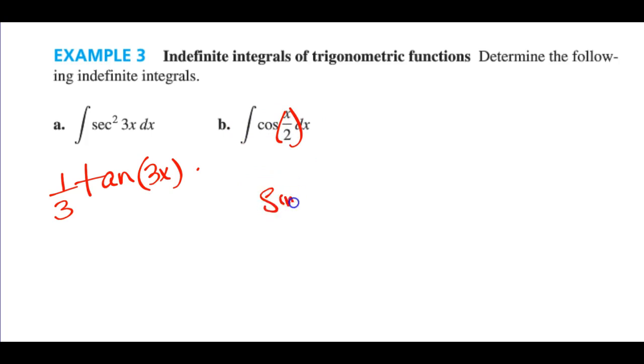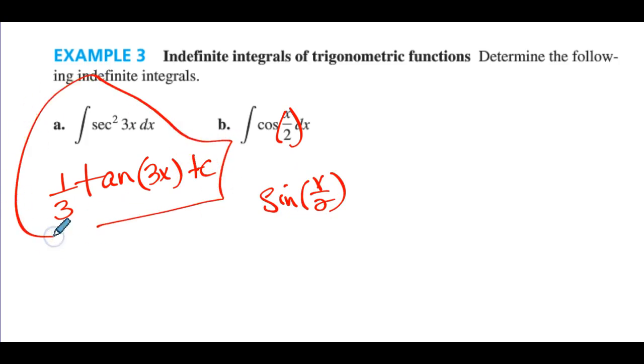Of course, that's sine. There's my u. I should probably say plus c over here because we still have indefinite integrals. Then instead of multiplying by du, I'm going to divide by du. Well, the du is the 1/2, so the final answer would be 2 sine x over 2.